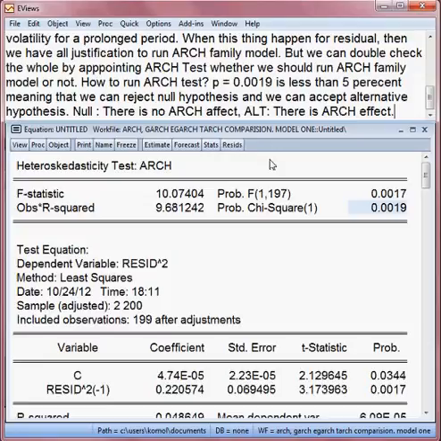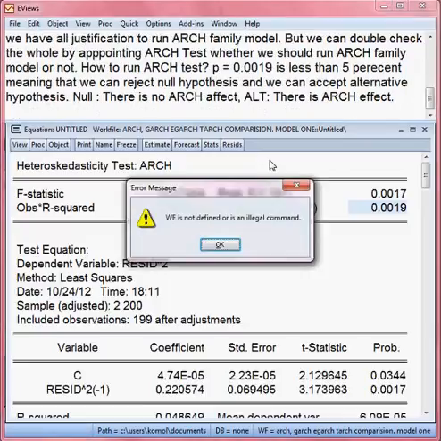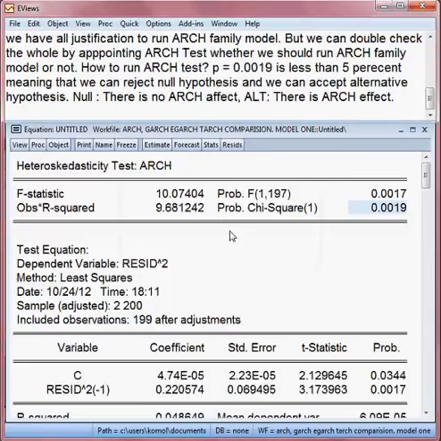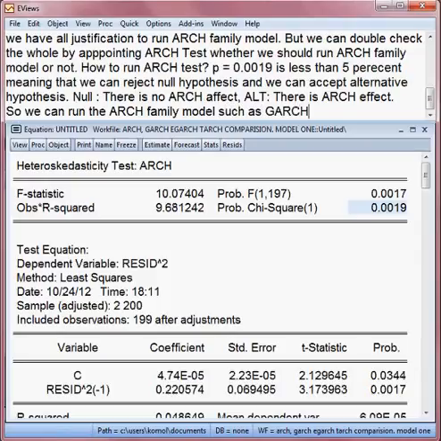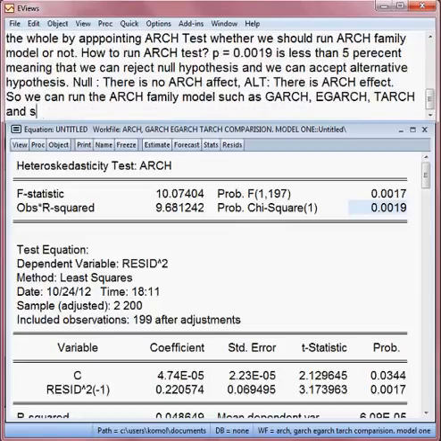So here we can reject the null hypothesis, meaning that our model has an ARCH effect. So we can run the ARCH family model such as GARCH, right? Then EGARCH and the TARCH and so on. Okay.